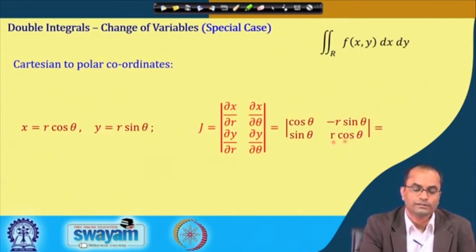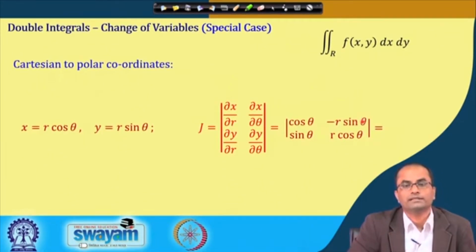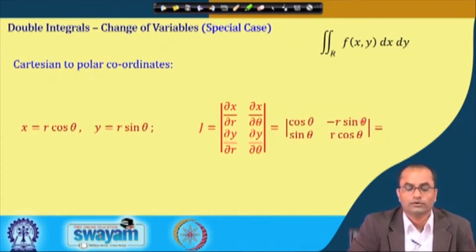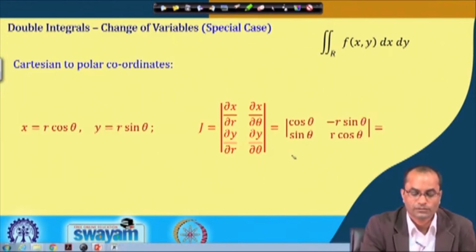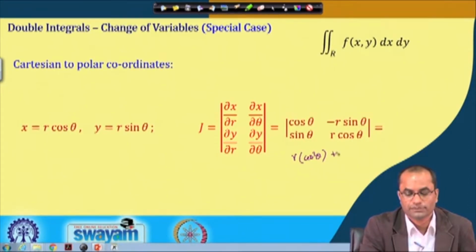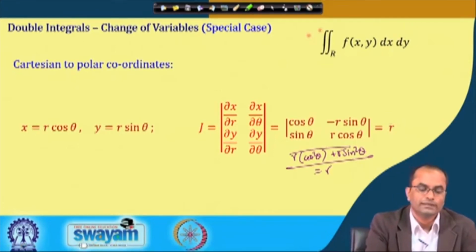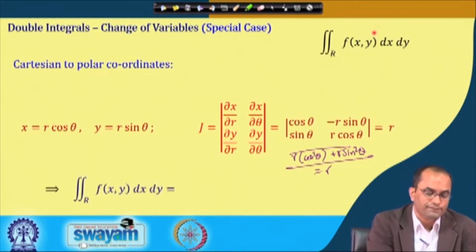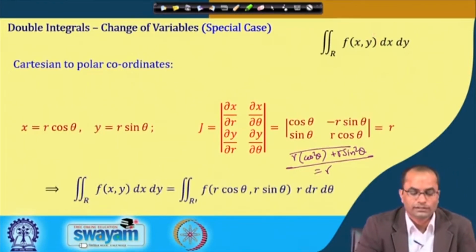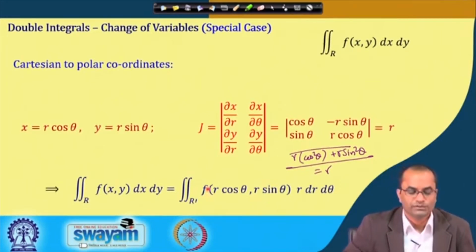Now, the value of this determinant will be r cos square theta plus r sin square theta, and when we take r common, this is r times cos square theta plus sin square theta, and that is nothing but r. So, we have this determinant value as r, and now we can change this integral given in Cartesian coordinates to polar coordinates, as we have already discussed in the previous lecture.